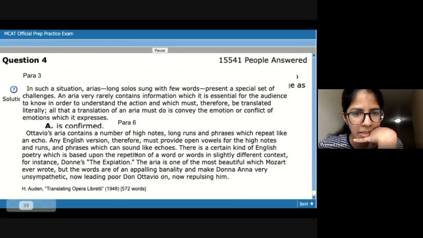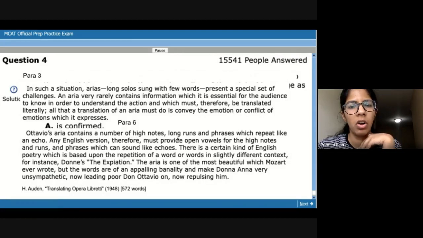And then in paragraph 6, it's saying that the Italian version needs to contain translations that are long runs and phrases, while the English version must provide open vowels.